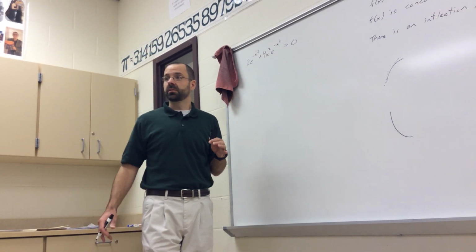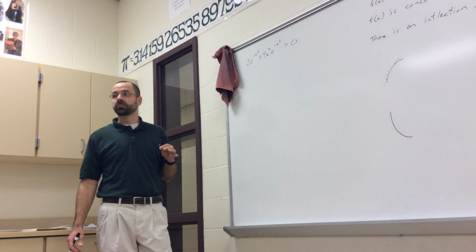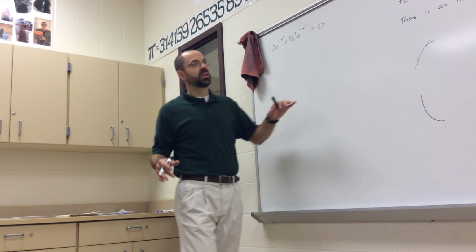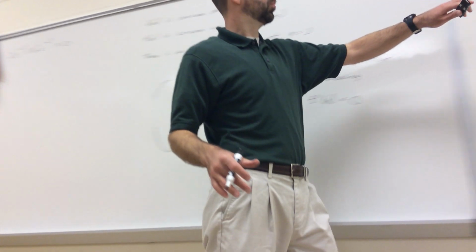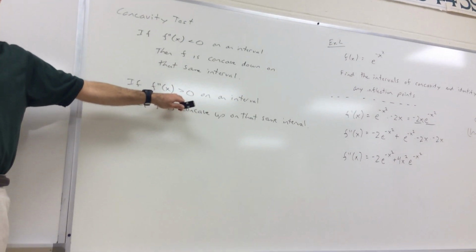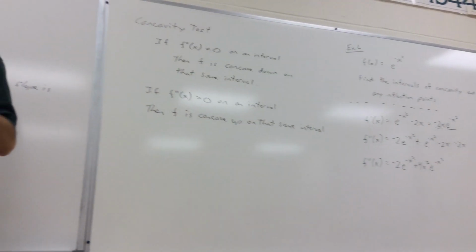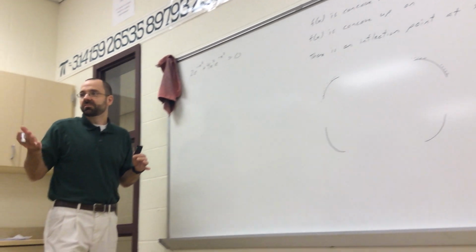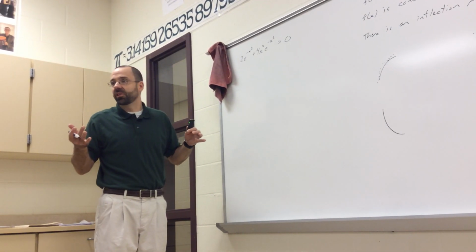Yes? We have to do both because we're trying to find out when the second derivative is negative and also when the second derivative is positive. So I just chose to do this one first. But you're right, I could have chosen the less than 0 just as easily to do that one first.